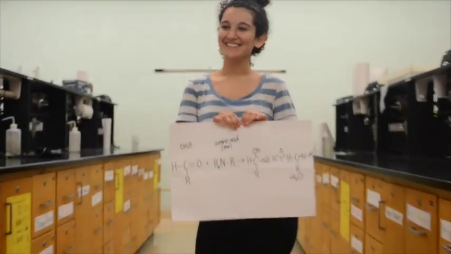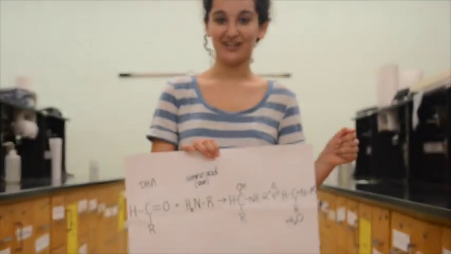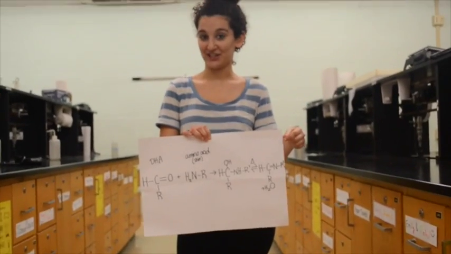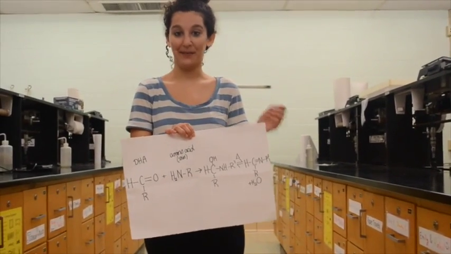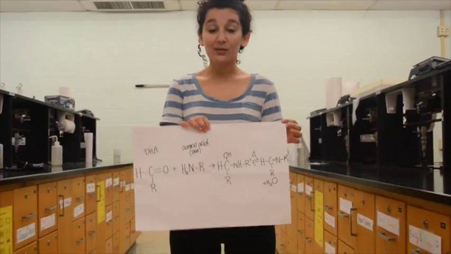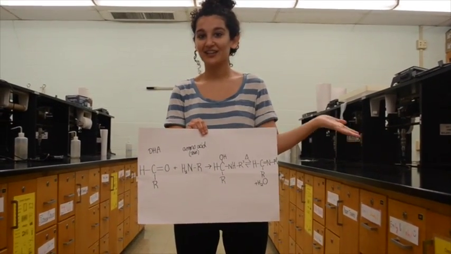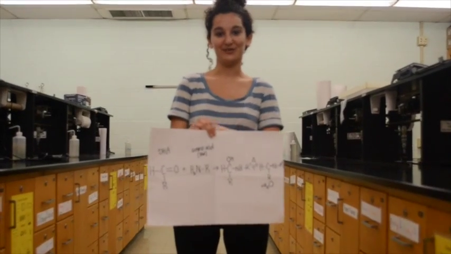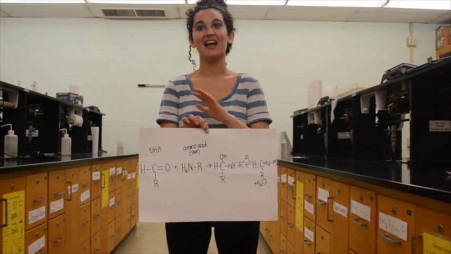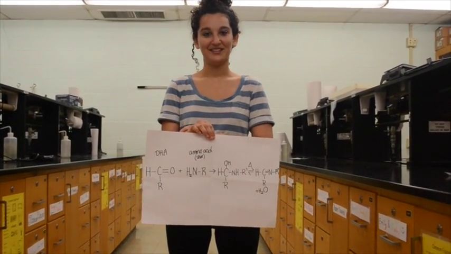Fun fact, this same reaction, which is called the Maillard reaction after the scientist Maillard, is the same reaction that happens when you cook steak, chicken, or your favorite foods. It turns brown and it has that good taste.